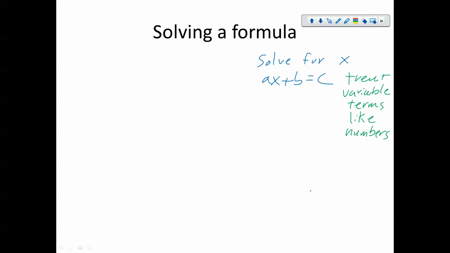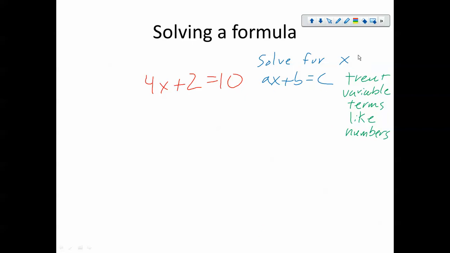I want to draw a little corollary to this problem that you have right here, ax plus b equals c, because you've seen many things like it if you just look at this problem, right? I want to point out that this problem here and this problem here are the same problem, okay?